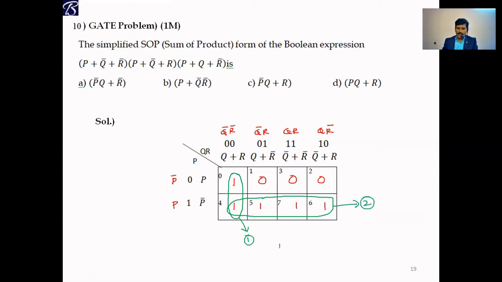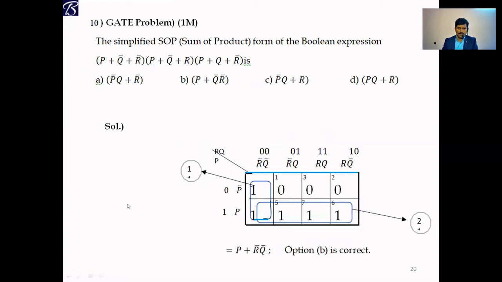So F equals Q bar R bar plus P. That is P plus Q bar R bar. Option B is correct. Let us check the answer. Yes, option B is correct.